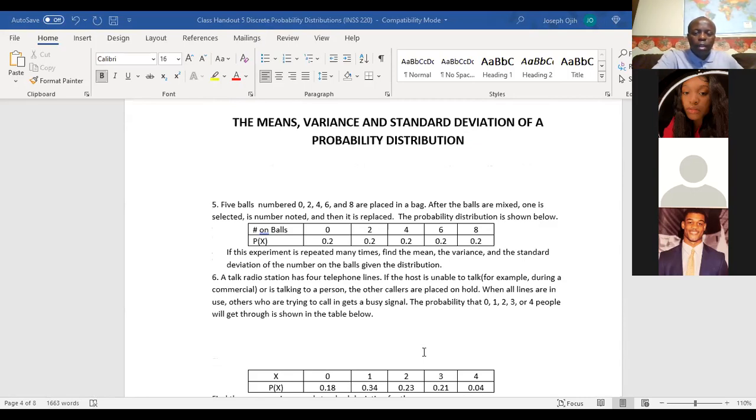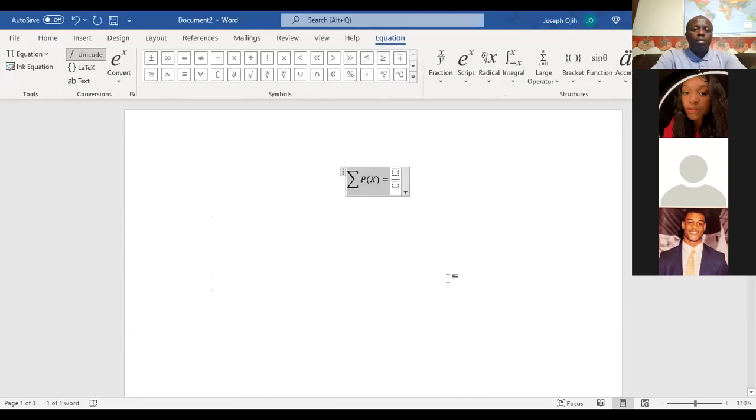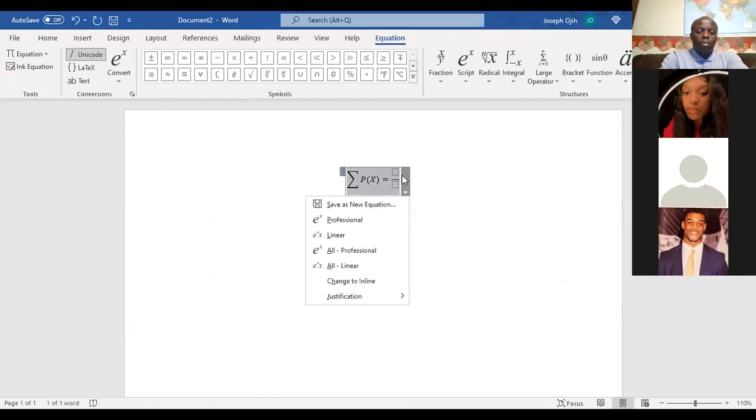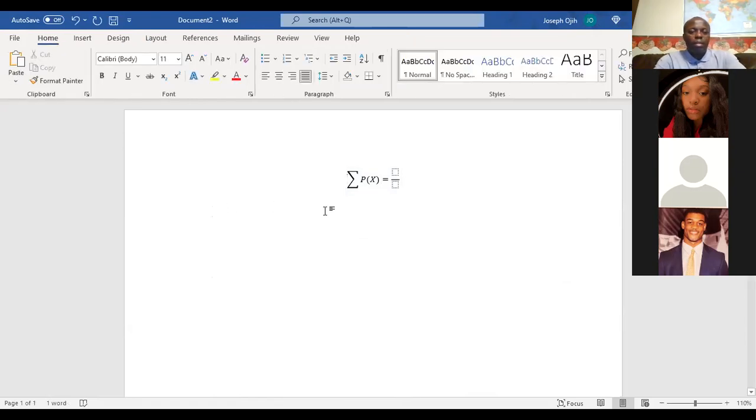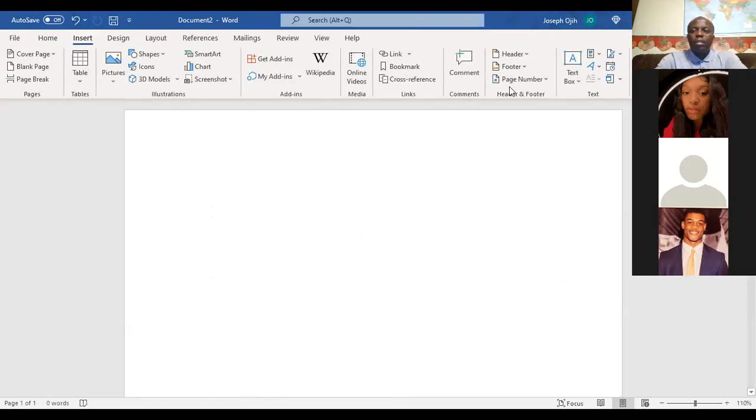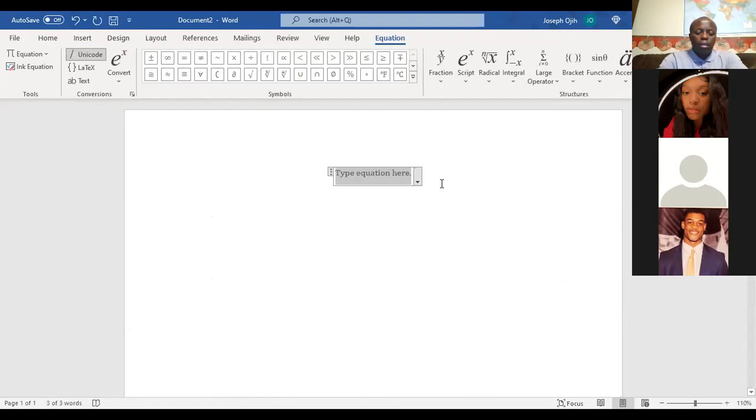So the mean, let's see the other workbook. Okay, give me 1 minute. So the mean is this. Mean equals, and of course, you know that the symbol for mean is mu.